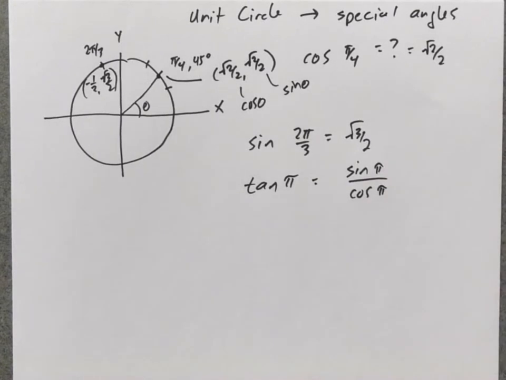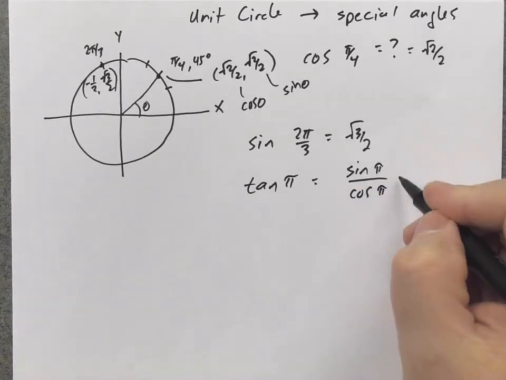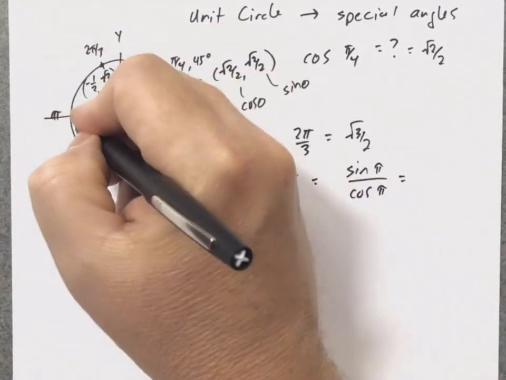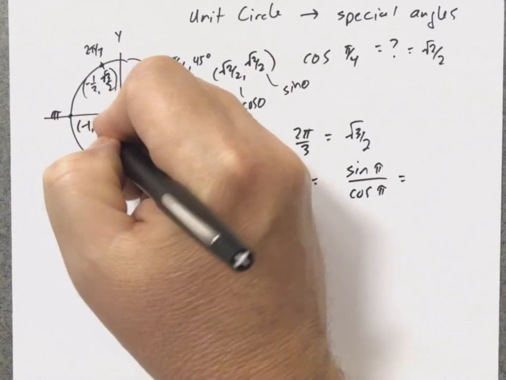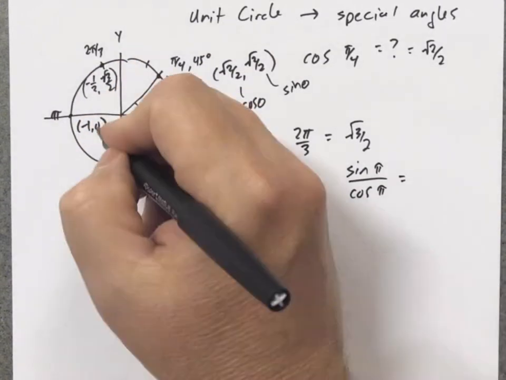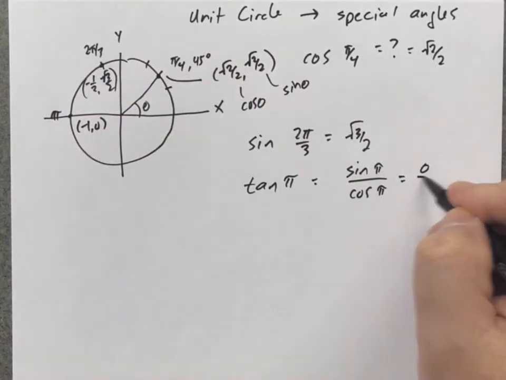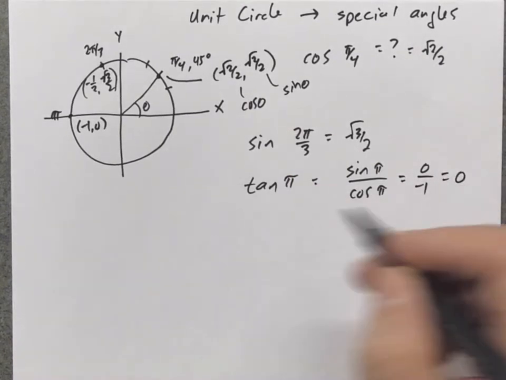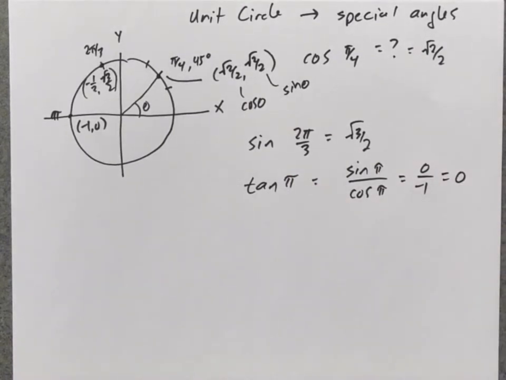So the tangent of theta, or tangent of pi, is really sine pi over cosine pi. And I can figure those out. So pi is right here. This point here is negative 1, 0. So the sine is 0. Cosine's negative 1. Turns out the tangent of pi is 0.